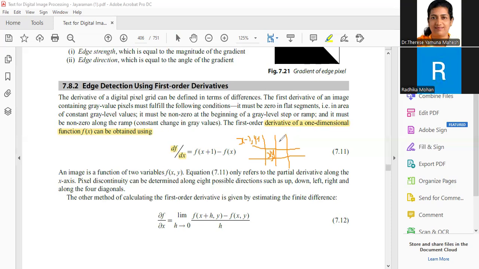You can note this down in your notebook, it's difficult to write over here. The next row will be x, y minus 1; x, y; x, y plus 1. And the last row will be x plus 1, y minus 1; x plus 1, y; x plus 1, y plus 1.